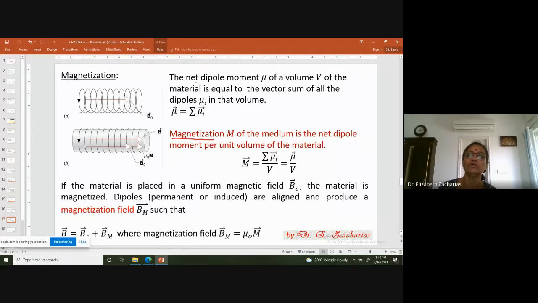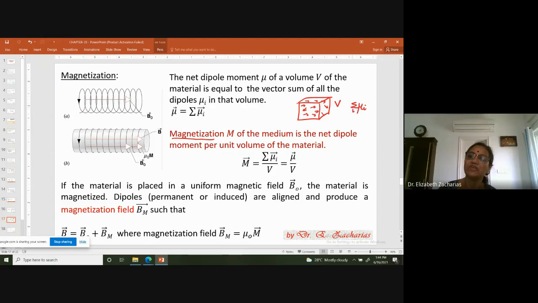If I take a block of material of volume V, please remember there are a number of dipoles, which may be in different directions or the same direction. You can find the net dipole moment. I have one dipole, this is the ith dipole.